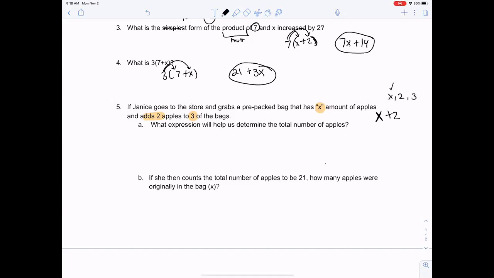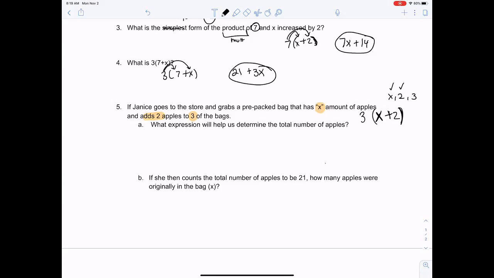So I have X, 2, 3. I already took care of the X. I already took care of the 2. It's adding because it says she adds 2 apples. But how do we know this operation comes first? Well, this tells you how much one bag of apples would have when she adds 2. If she does this to 3 bags, all we have to do is 3 times the amount of apples in the bag that she configured.